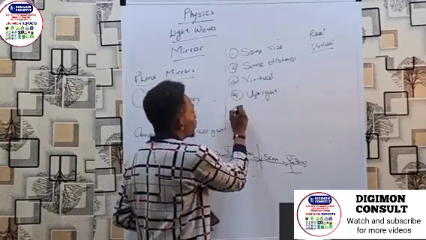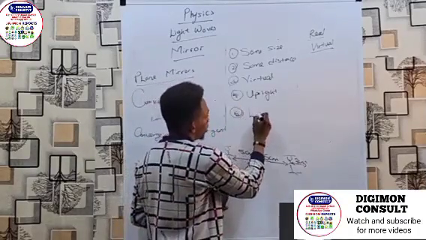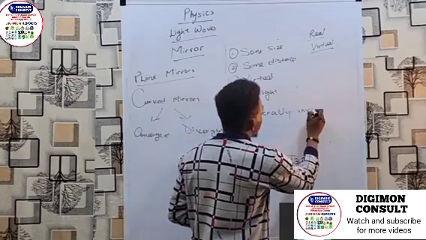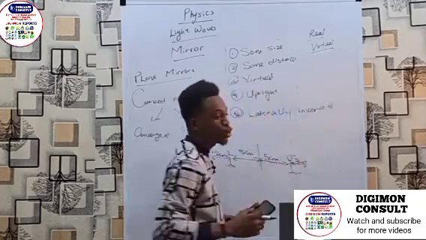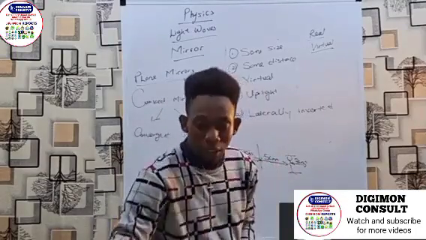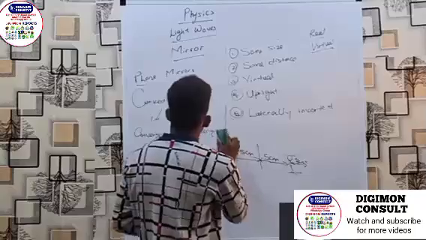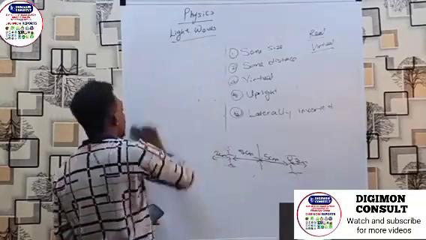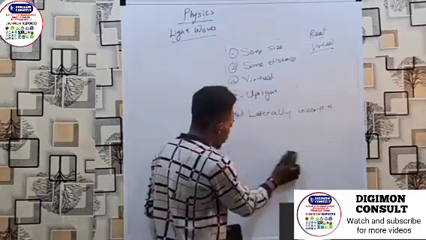But the fifth one is a little bit tricky. This one says that the image will be laterally inverted. Lateral inversion means that the image is spun around its axis of symmetry, implying that if you were to try looking at writing in a plain mirror, there shall be a bit of confusion.